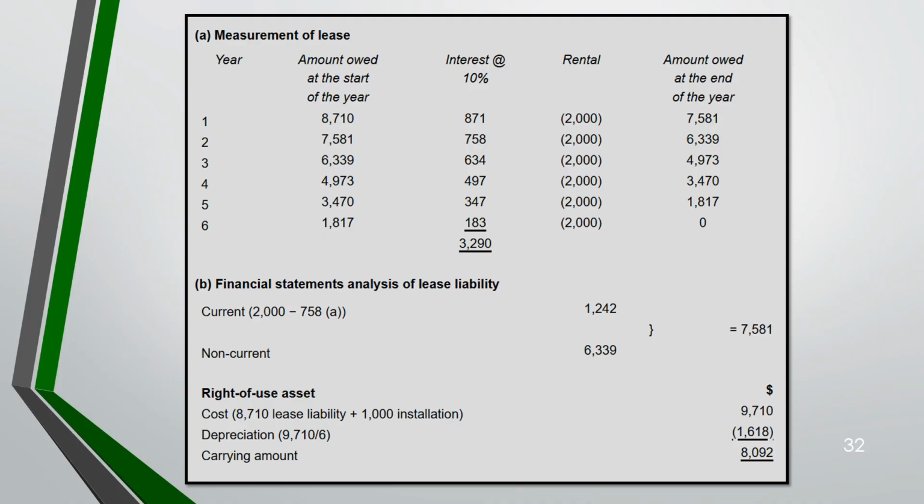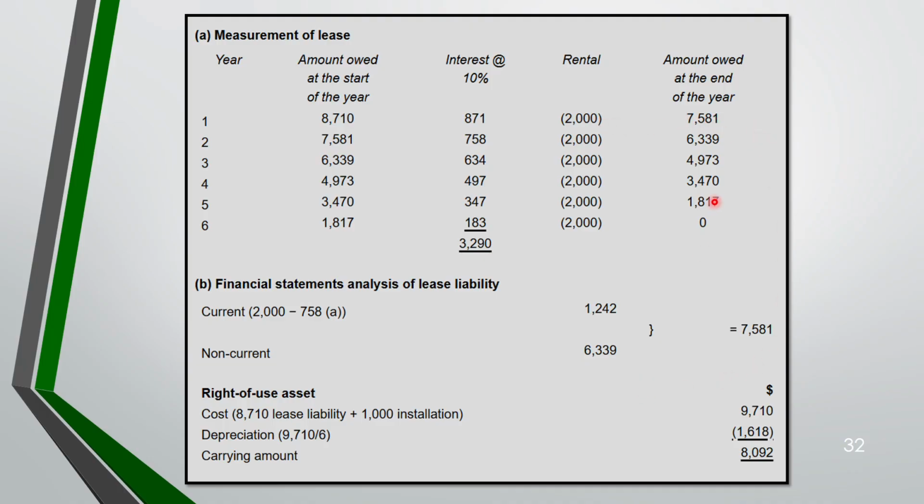So this is the solution for activity 1. As you can see, we have done it for the 6 years. We have started with the payment amount given at 10% interest and deducted the 2000 payment and got the closing balance.